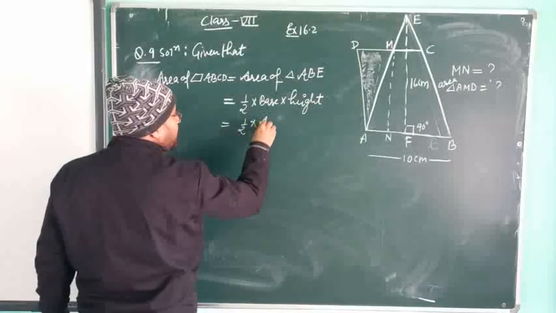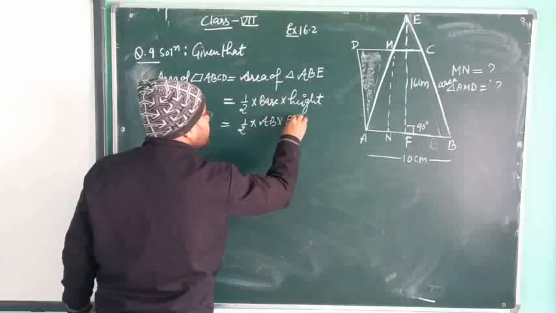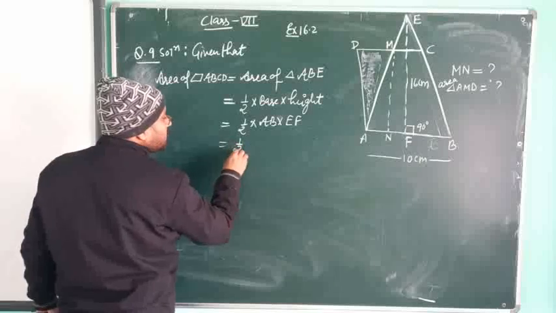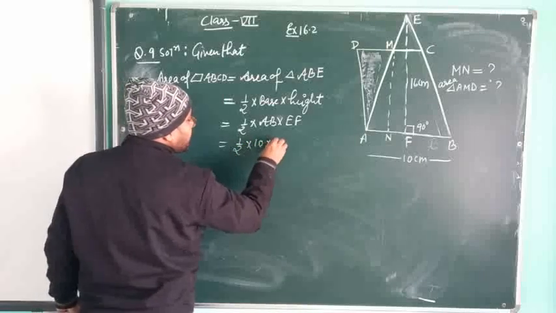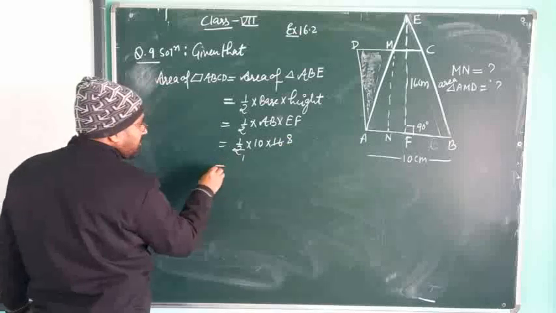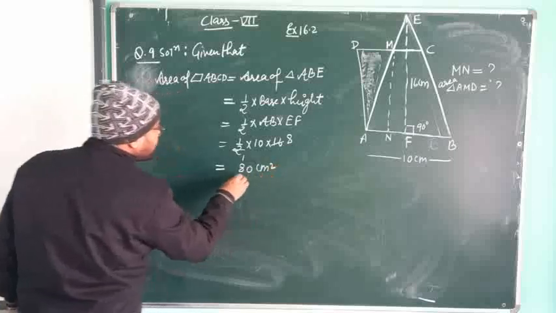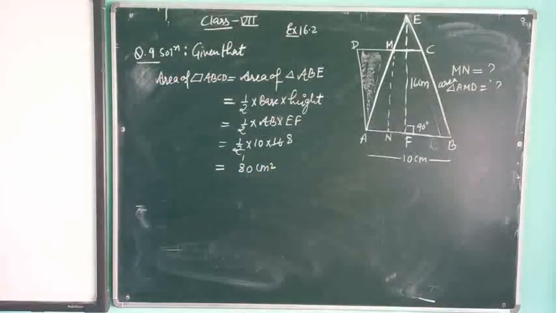Base is AB and height is EF. 1/2 times 10 multiplied by 16. 2 ones are 2, 2 fives are 10, 2 eights are 16. We are getting 80 centimeter square, and this is the area of parallelogram ABCD.